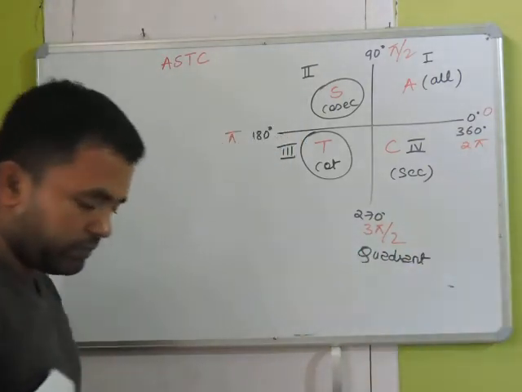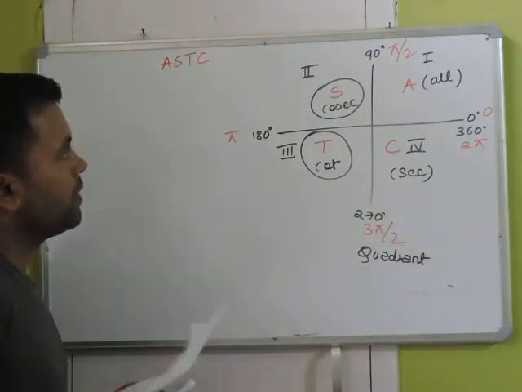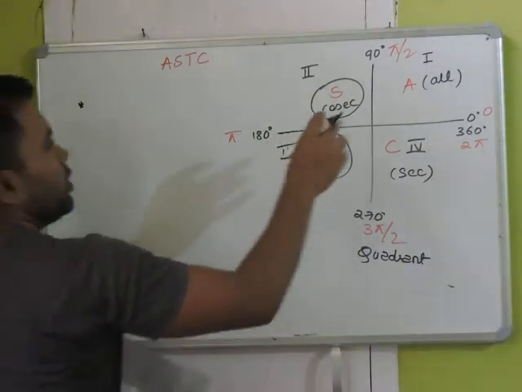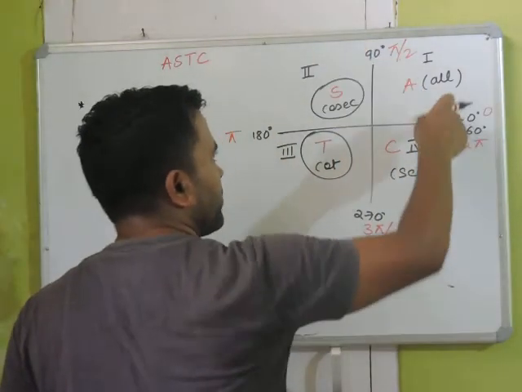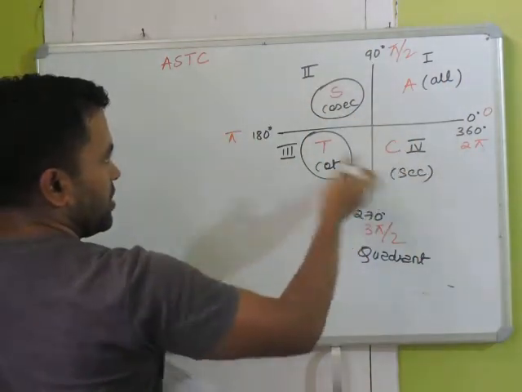Now one important point is that, as I told you, all the 6 trigonometric functions are positive between 0 to 90, and between this and this you can comment on.